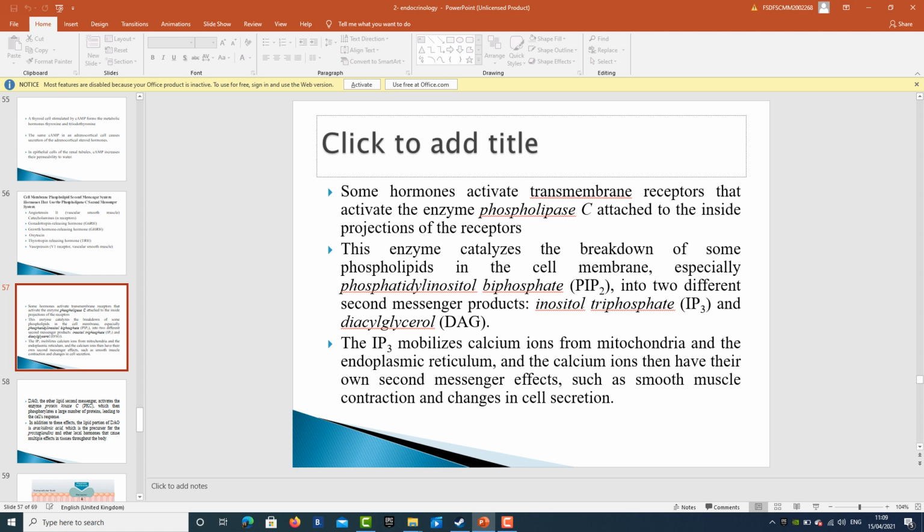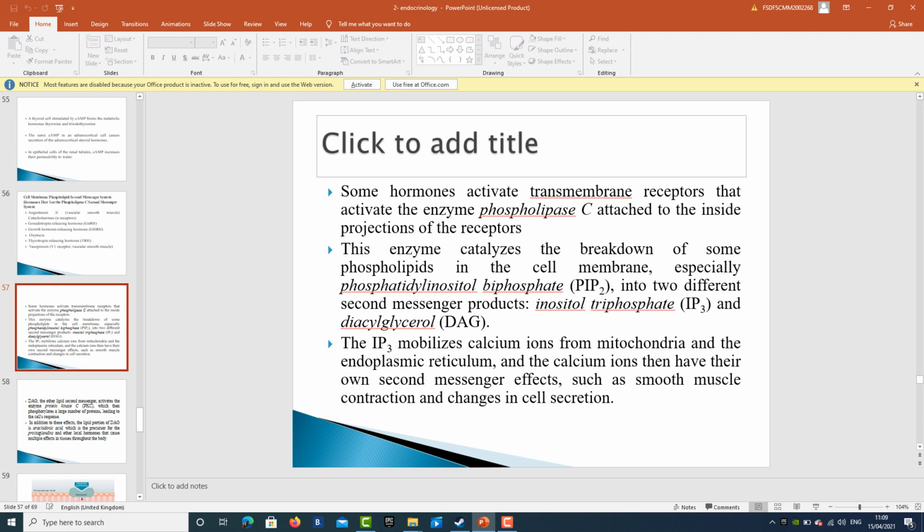Some hormones activate transmembrane receptors that activate the enzyme phospholipase C, attached to inside projections of the receptors. This enzyme catalyzes the breakdown of a membrane phospholipid, phosphatidyl inositol diphosphate, into two second messenger products, inositol triphosphate and diacylglycerol.